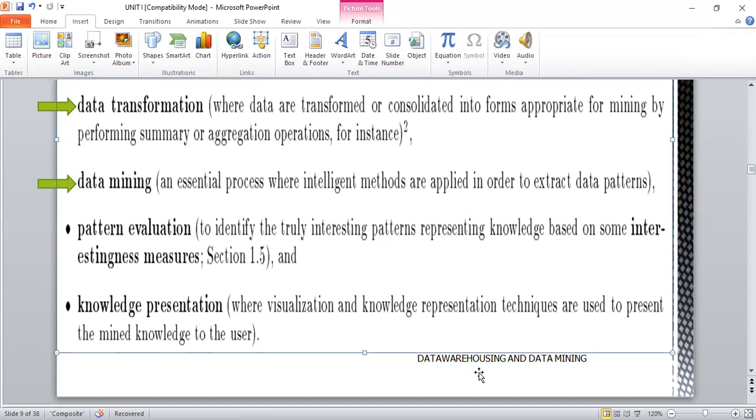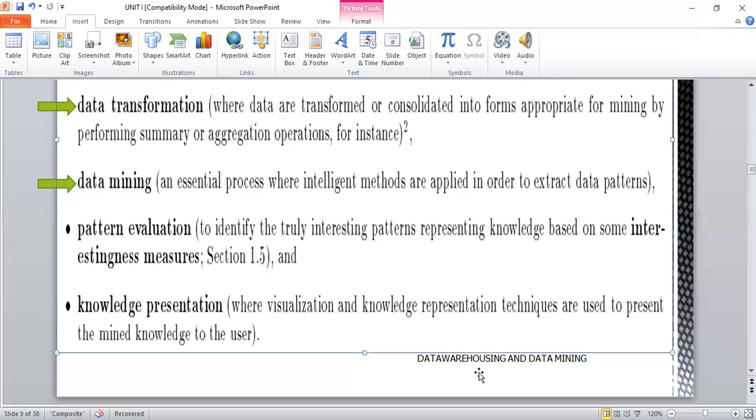Then you can check on the basis of how novel it is, how simple it is, and then you can check the probability of it. Its potential usefulness you can check according to the real life scenario. So that is called pattern evaluation, to identify the truly interesting patterns representing knowledge based on some interestingness measures.